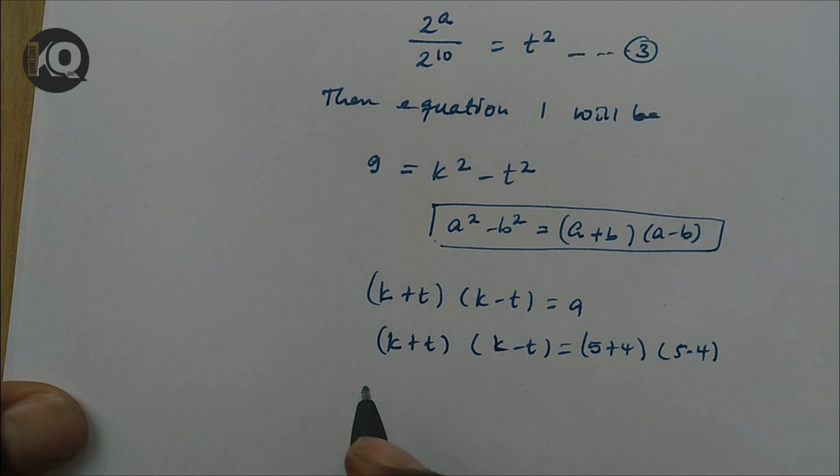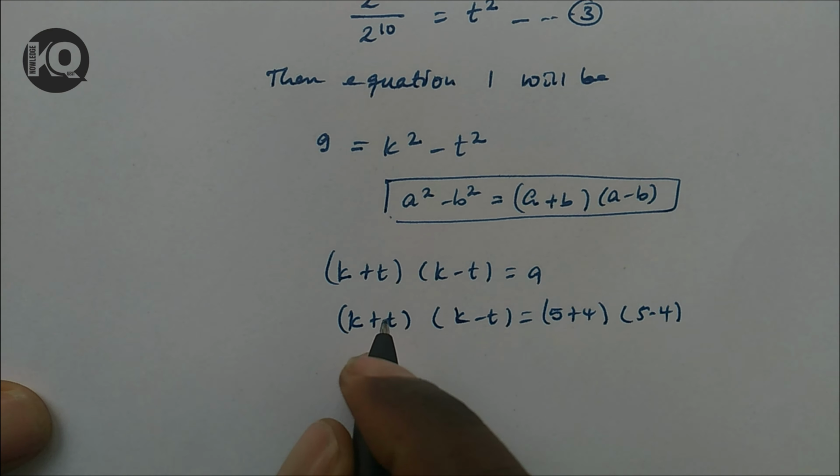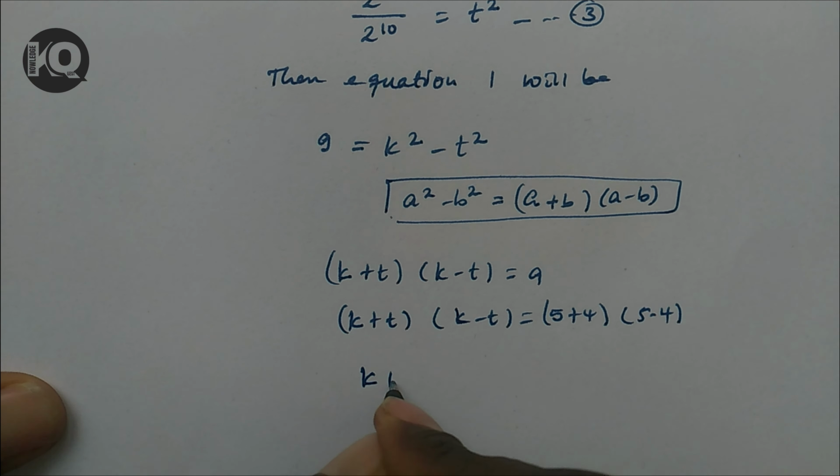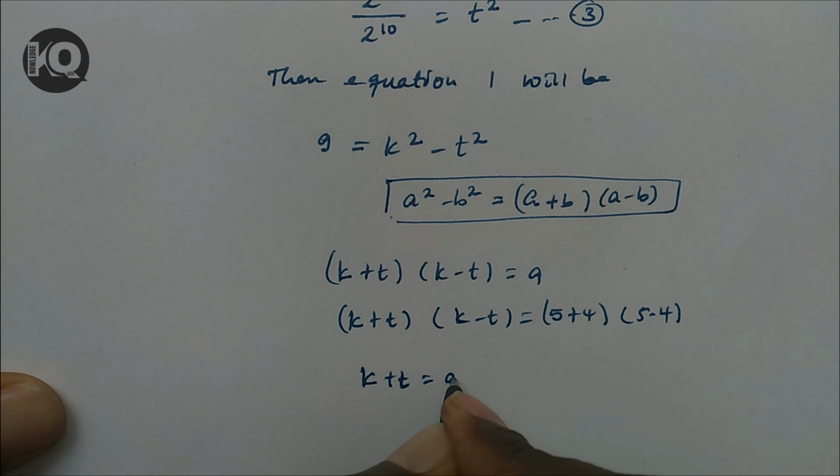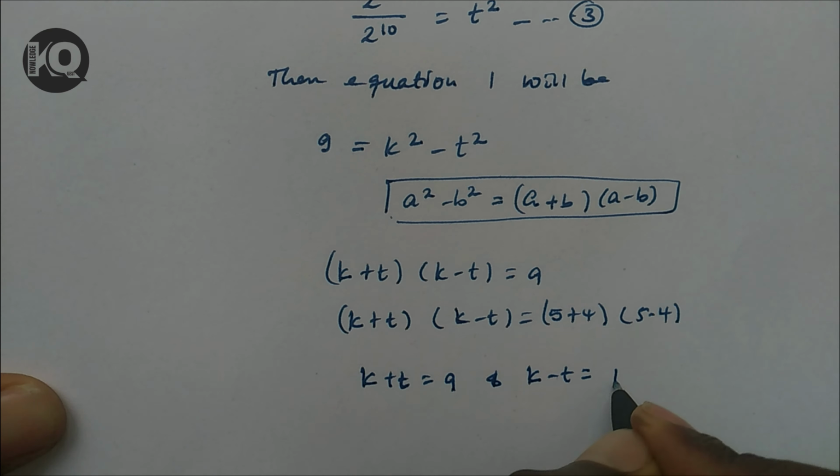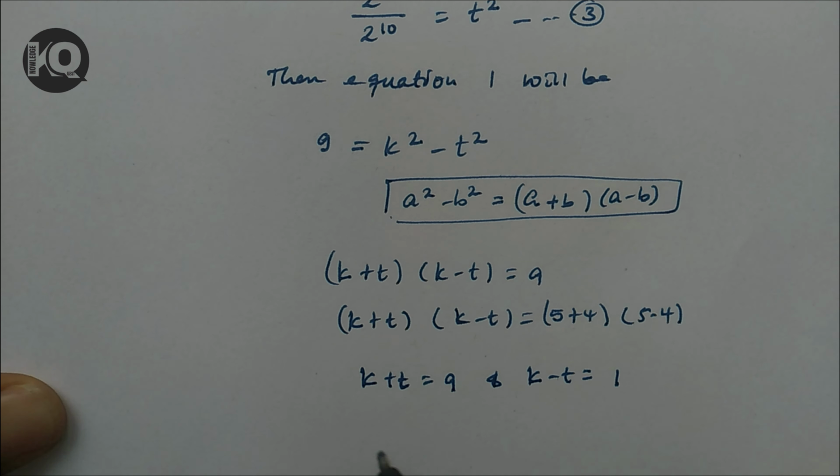So from here we can say that k plus t is equal to 9 and k minus t is equal to 1. So from here we can say that k is equal to 5 and t is equal to 4.